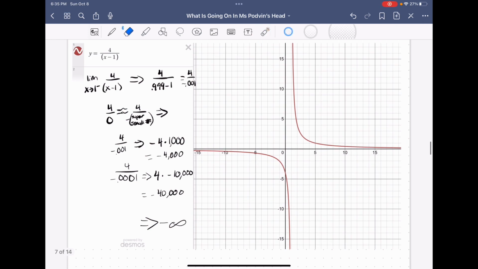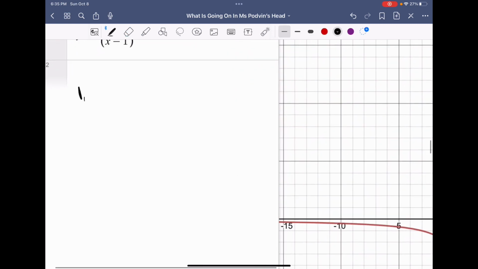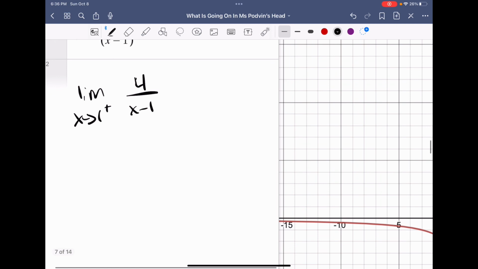So let's take a look at that. Let's do the limit as x approaches 1 from the right of 4 over x minus 1. Well, let's think of a number that's close to 1 but not actually 1.